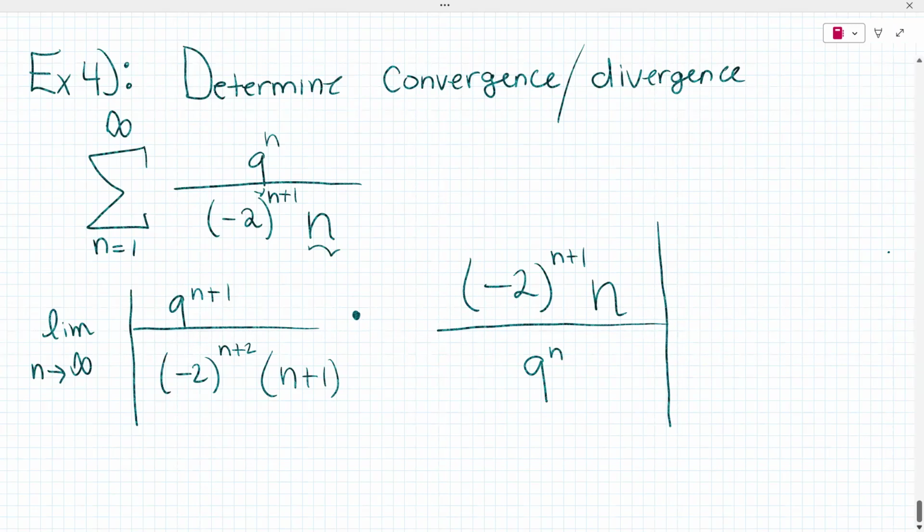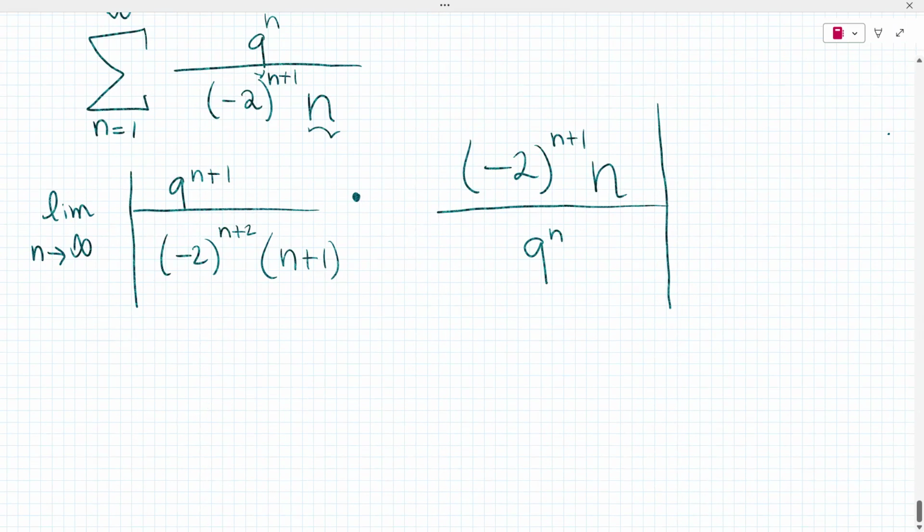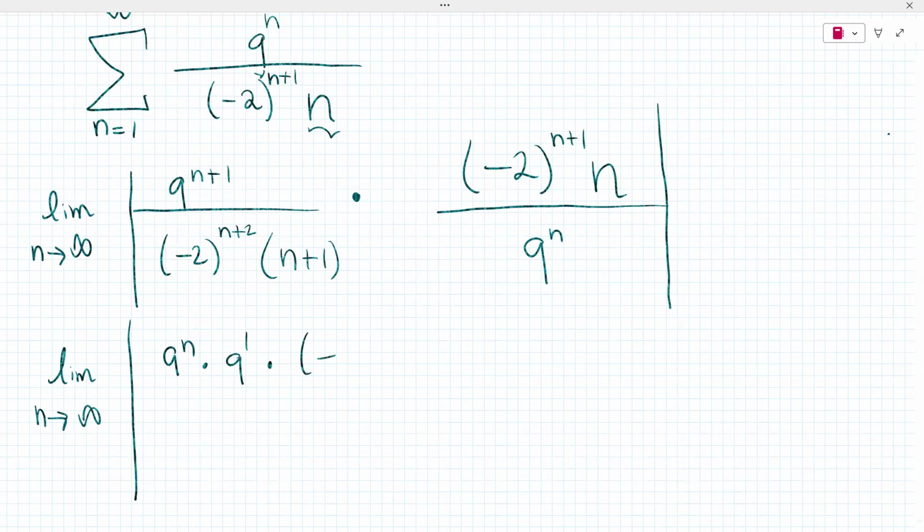Let's see, can we simplify this a bit? Over here, 9 raised to the n plus 1 is the same thing as 9 to the n times 9 to the 1, and negative 2 raised to the n plus 1 is the same thing as negative 2 raised to the n times negative 2 to the 1.